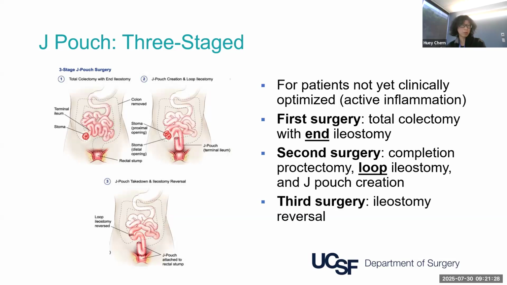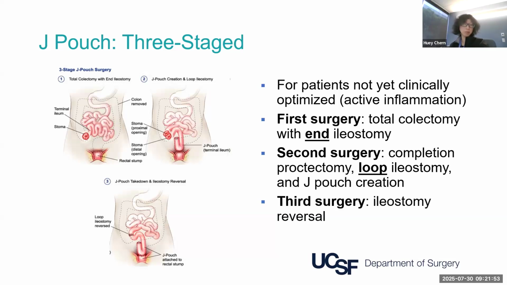And the first stage would be to take out the entire colon, but leaving the rectum. So that way you are able to have that conversation about whether to have a J-pouch or a permanent ileostomy when they recover from this acute setting of needing an emergent colectomy.